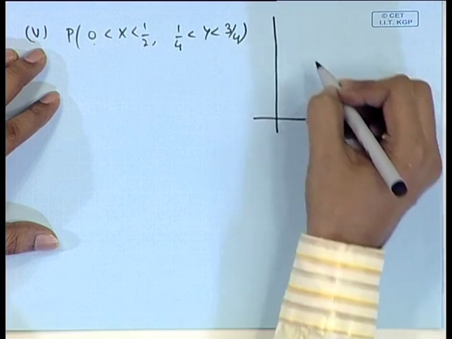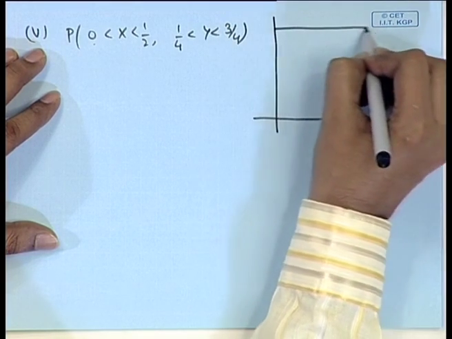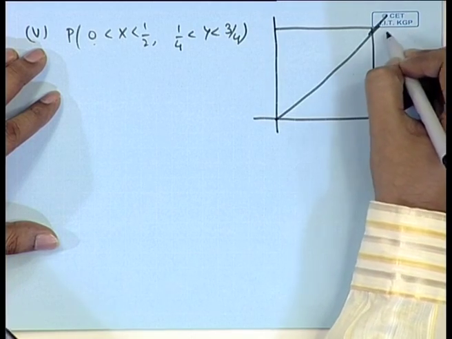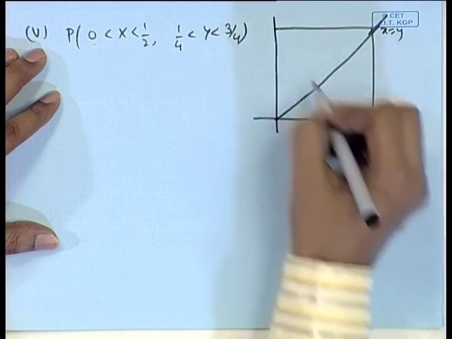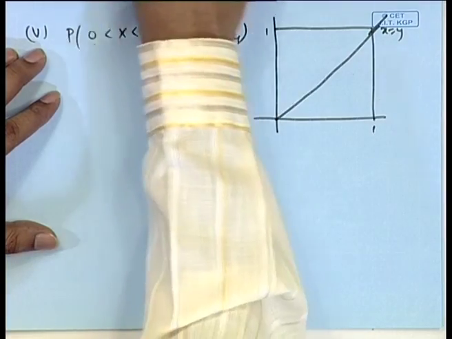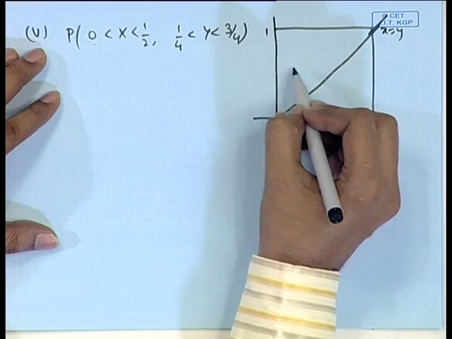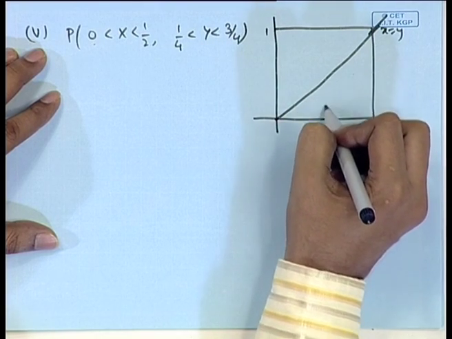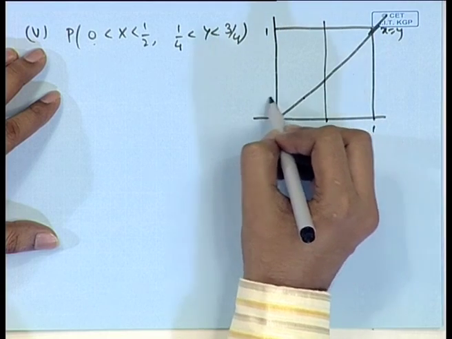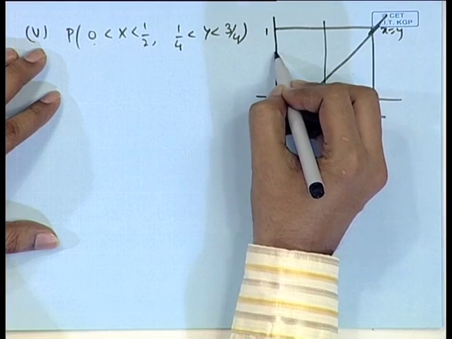So, the line x equal to y is this. So, x is between 0 and half, and y is from 1 by 4, so that will be somewhere here, to 3 by 4.